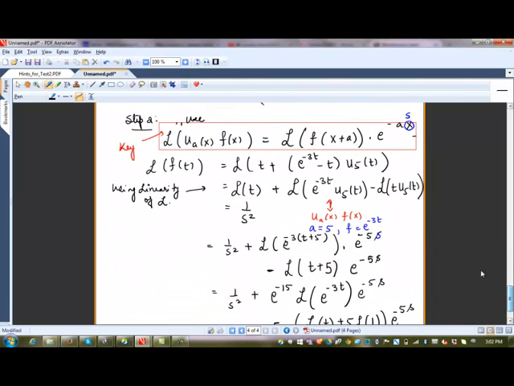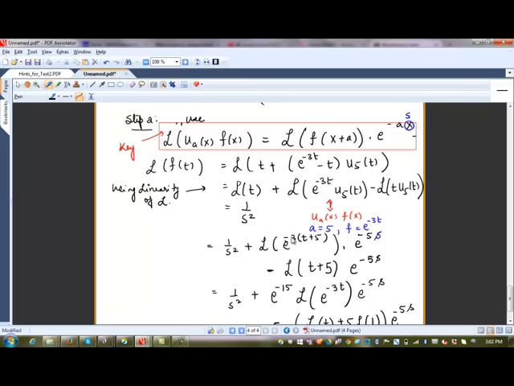Now here, if we go back up and see, we first rewrote this in a Heaviside function. It gave us the function in one line, and once we had the function in one line, we applied linearity and split it. Then once we split it, we used this formula up here. We found the value of a, which was 5. F in this case was e to the power minus 3t.